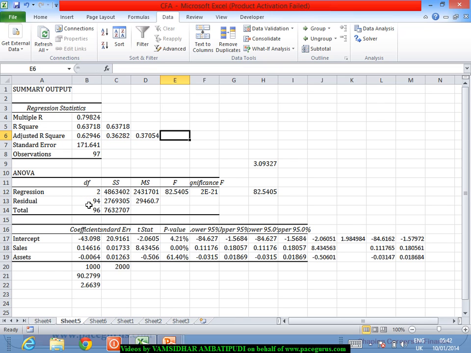So this is this part, and this is the updated unexplained portion of the variance. Do a 1 minus of this, and that is what will come out as the adjusted R squared, which has been shown here.